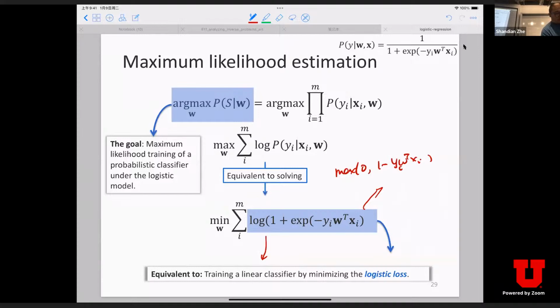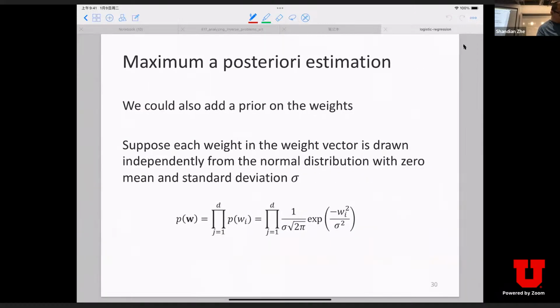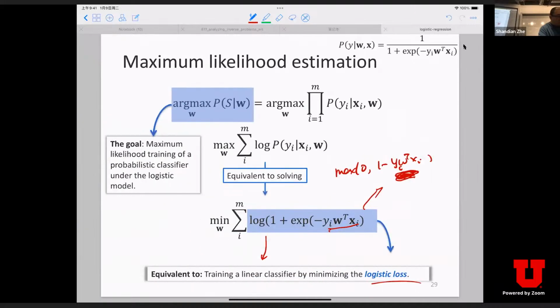The hinge loss also shares this term, y w transpose xi, and the logistic loss also uses this term. But how you turn this term into your loss value is a different story. That's why we call it logistic loss. So this is how we conduct maximum likelihood estimation. Any questions so far?